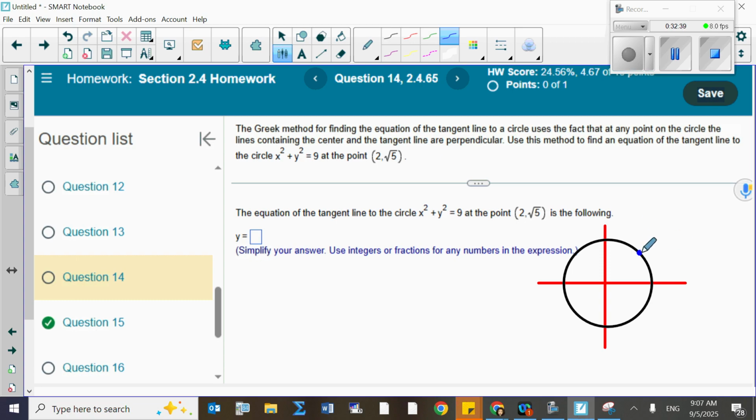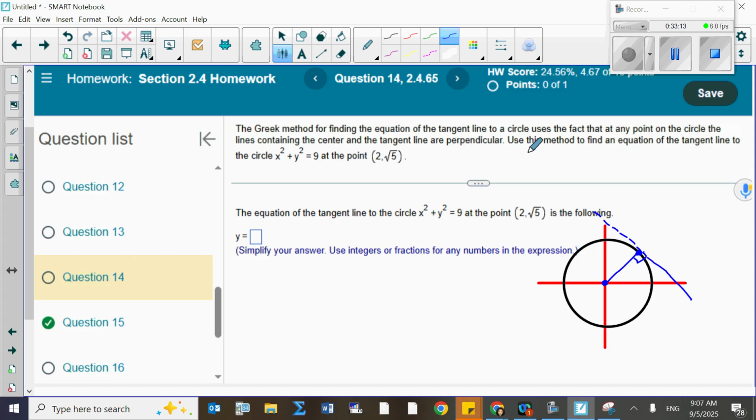Any point on the circle, if I draw a tangent line to that point, this line is perpendicular to the radius. Radius is the line that is connecting the center to this point. So always a tangent line is perpendicular to the radius, which is touching the tangency point. So this is perpendicular. That's the idea behind this.